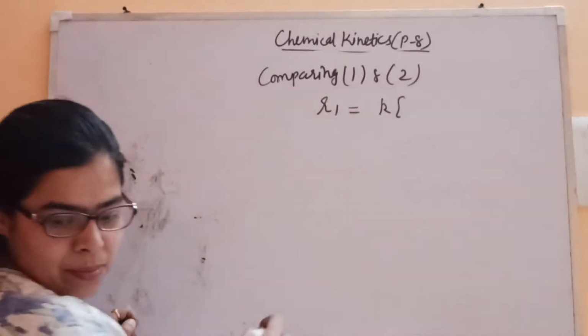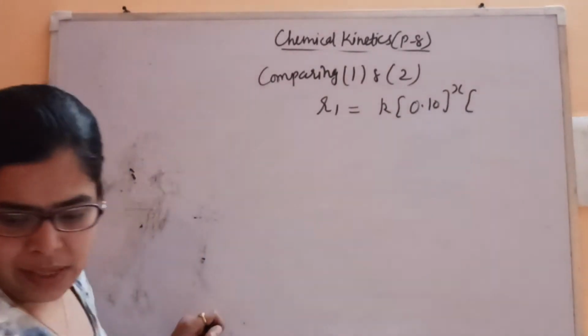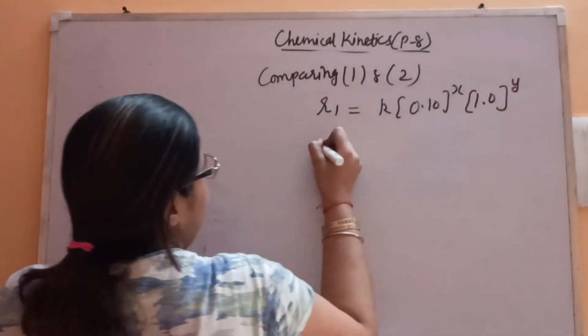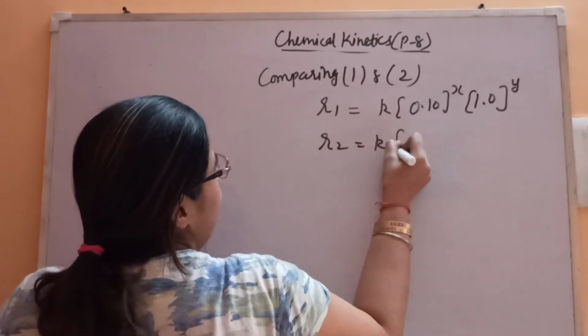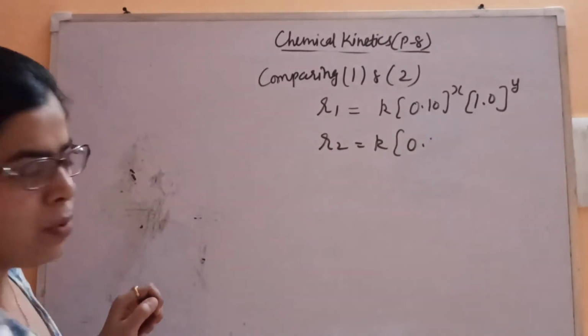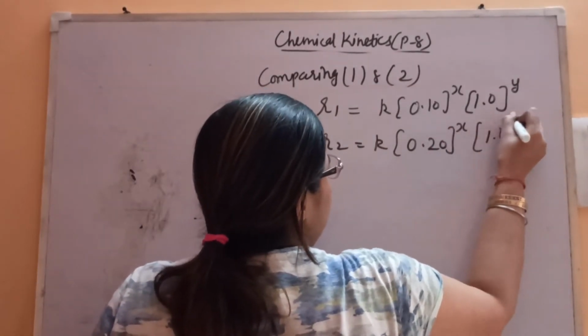K, concentration of A is 0.10 X and B is 1.0 Y. And R2 is K, 0.20 X, 1.0 Y.